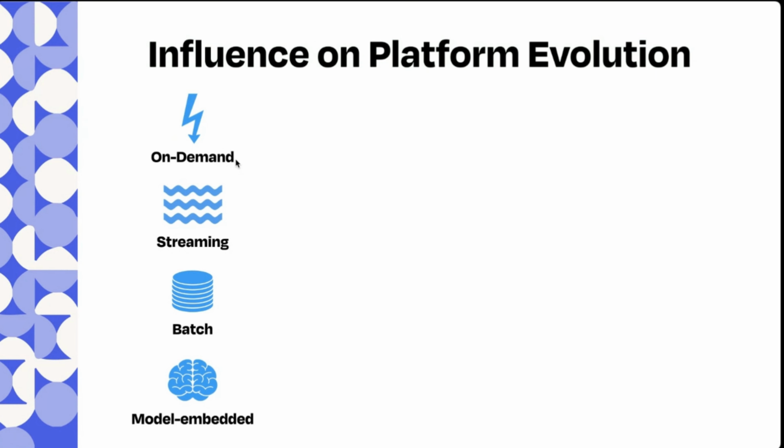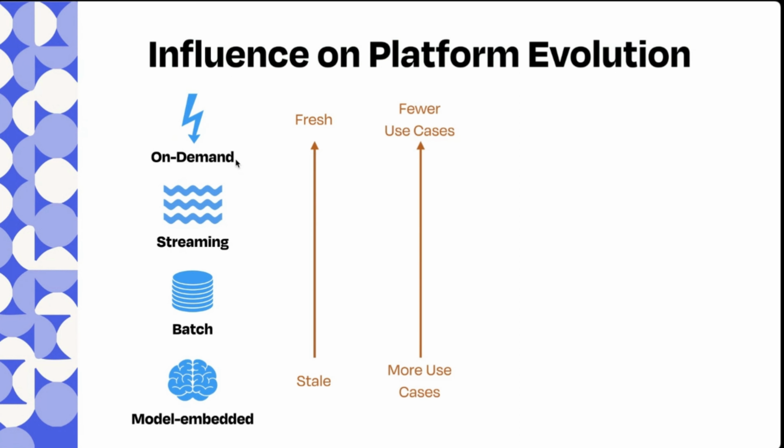The way that this maps onto the way teams tend to develop these features is, we're thinking about these in terms of staleness versus freshness, but it also tends to be the case that the things lower on the freshness scale have more use cases. They're more broadly applicable. As we said, real-time data tends to be really important for a restricted set of use cases.